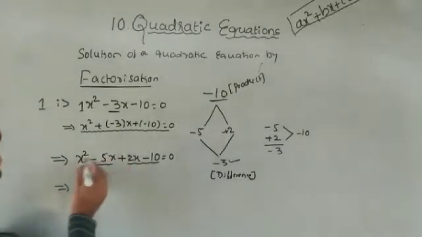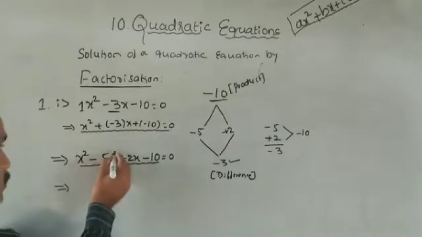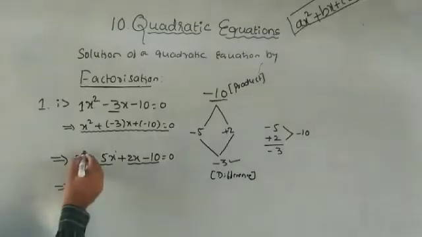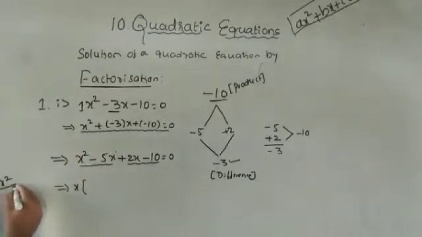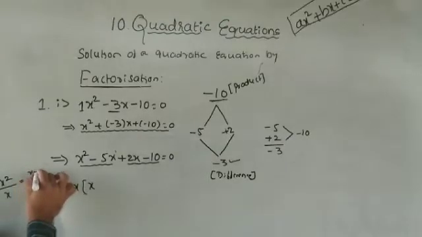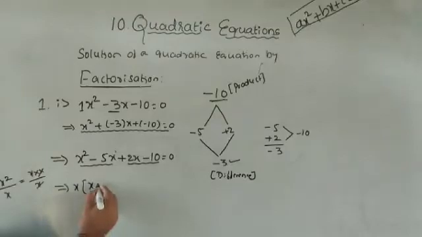So x square and minus 5x: x is common here. After taking the common factor, you have to divide the complete term by the common term. So x square by x, what will you get? x. If any doubt, here: x square means x multiplied 2 times, divided by x, x gets cancelled, remaining x here.